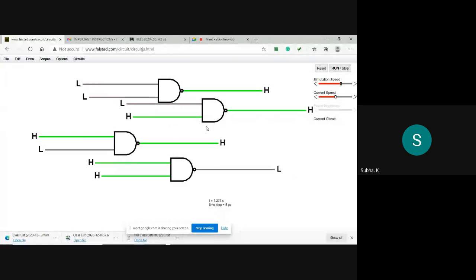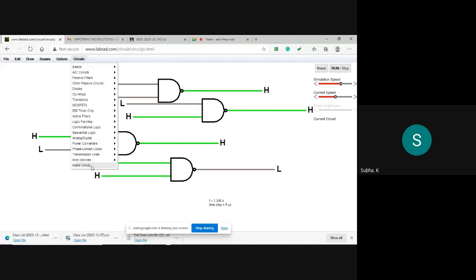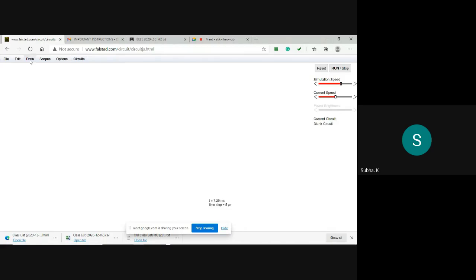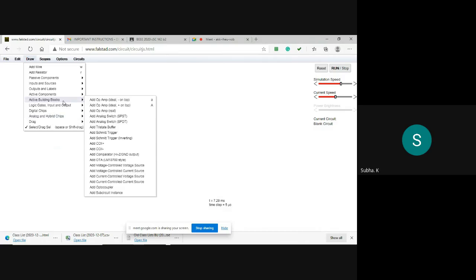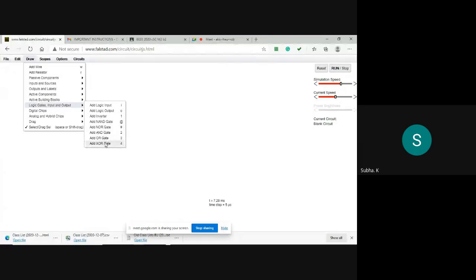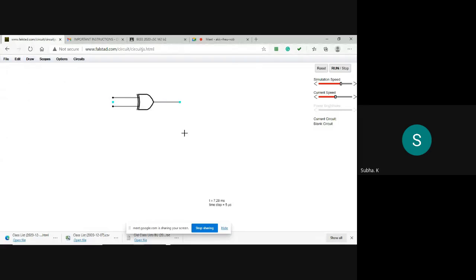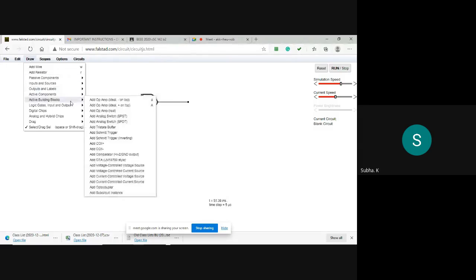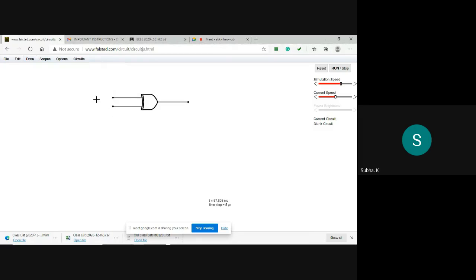So we have verified OR gate, AND gate, NOT gate, NAND gate, NOR gate. Only one more gate is there. That is XOR gate alone is there. There is no XNOR gate. So let us verify that. So add XOR gates. This is my XOR gates. Again add inputs.